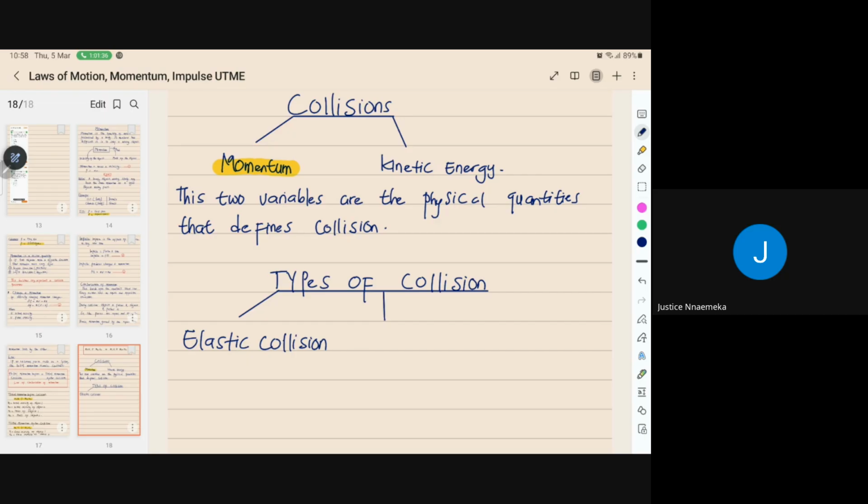The second one, we have inelastic collision. And then the last one, we have perfectly inelastic collision. Are we all together?